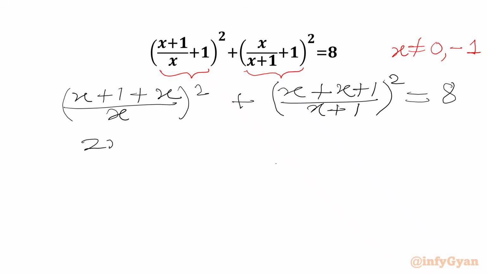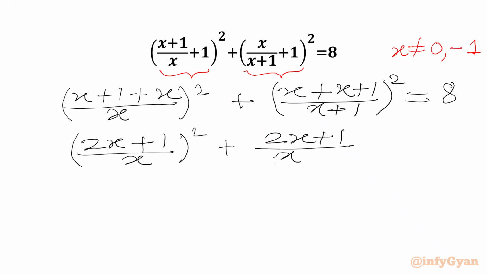Or we can write (2x + 1) over x whole square plus (2x + 1) over (x + 1) whole square equal to 8.